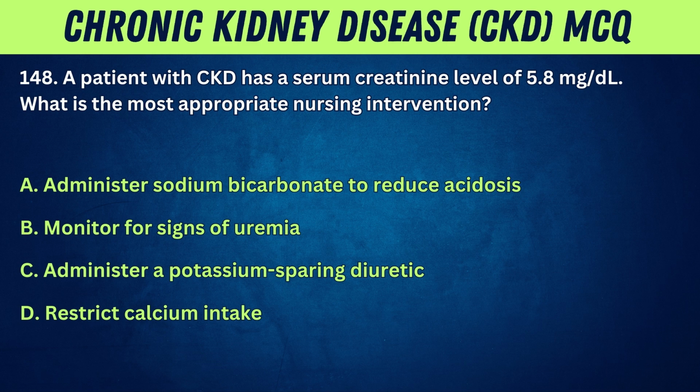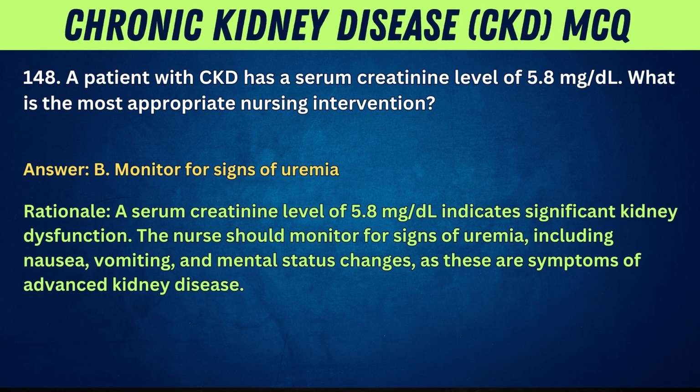148. A patient with CKD has a serum creatinine level of 5.8 milligrams per deciliter. What is the most appropriate nursing intervention? A. Administer sodium bicarbonate to reduce acidosis. B. Monitor for signs of uremia. C. Administer a potassium-sparing diuretic. D. Restrict calcium intake. Answer: B. Monitor for signs of uremia.